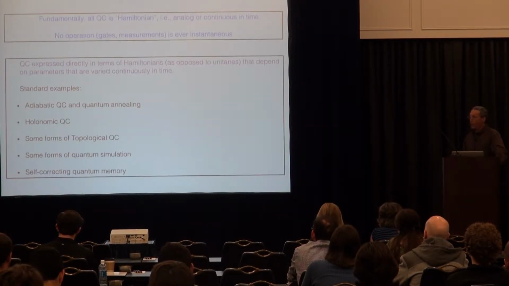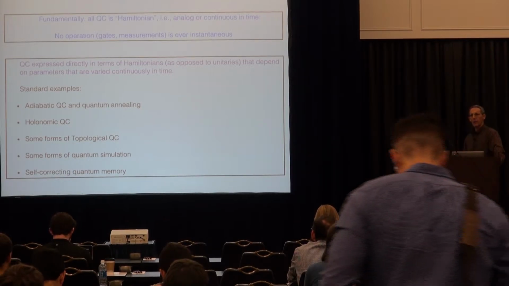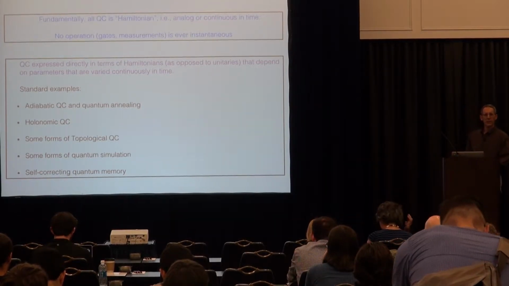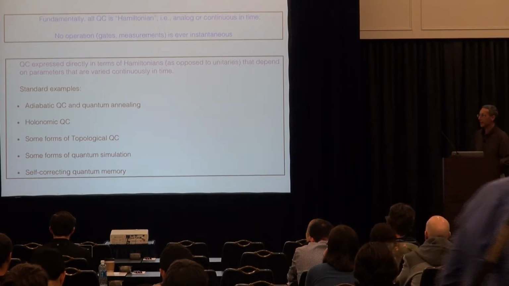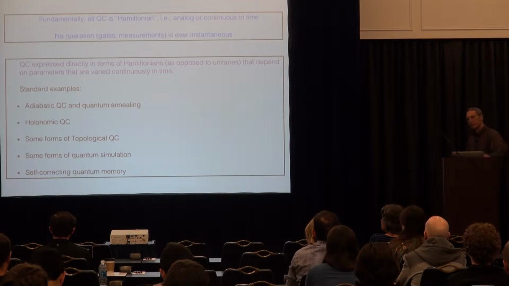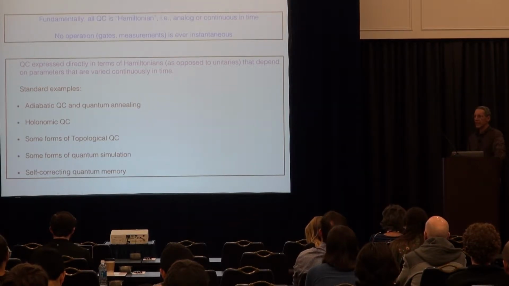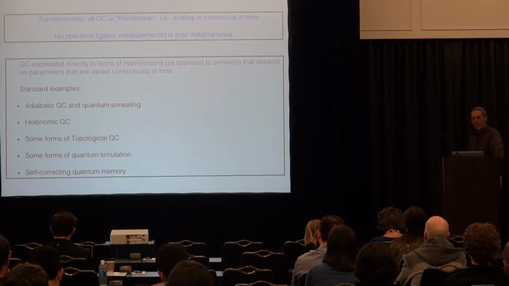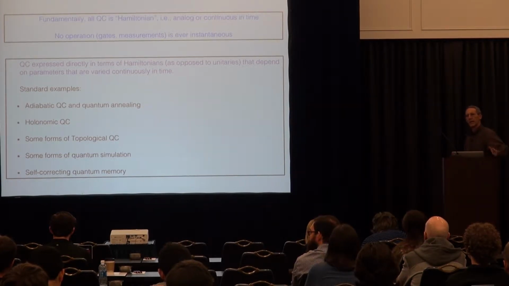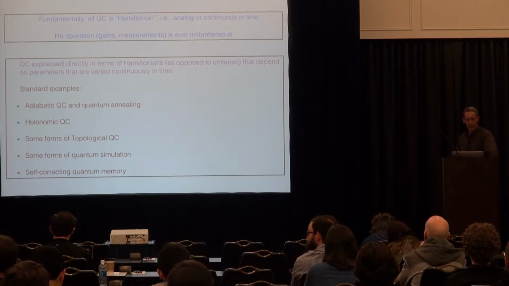So let me define what I mean by Hamiltonian quantum computation, first of all. I think all quantum computation is Hamiltonian. That's almost a trivial statement. The point is that everything is generated from Hamiltonians, and of course there's no such thing as an instantaneous gate or an instantaneous measurement. Everything is always continuous, and that's fundamentally why Hamiltonian quantum computation is interesting.